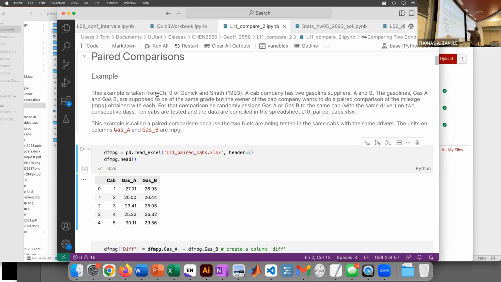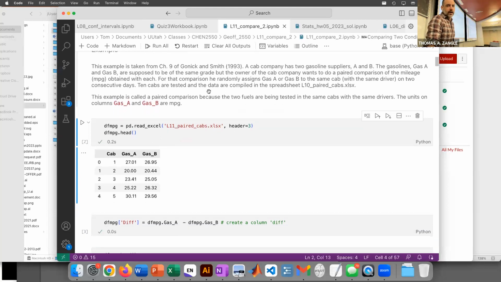And we have 10 cabs tested and the data are compiled in that spreadsheet, L10 paired cabs. So we would call this a paired comparison because the 2 fuels are being tested in the same cabs with the same drivers. So we should expect that we can actually make a pairwise comparison. We're saying it's a paired test because we make a pairwise comparison between our results.